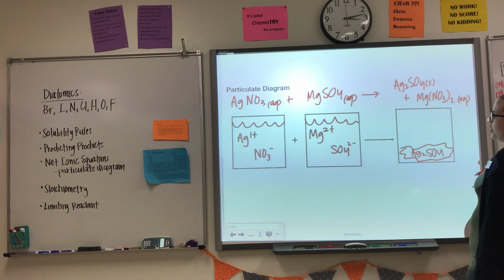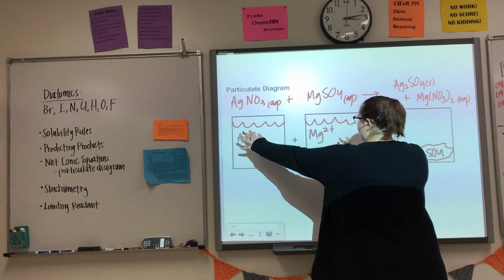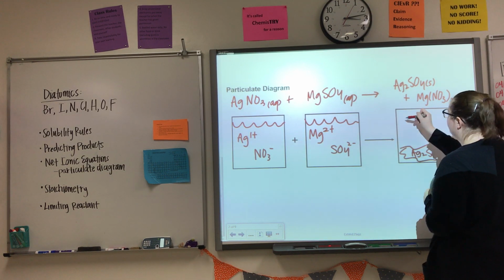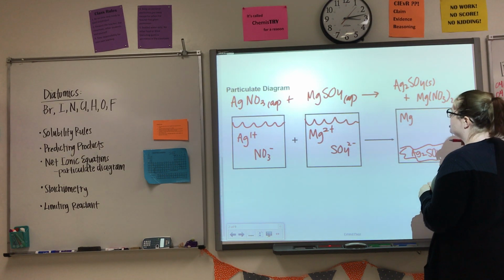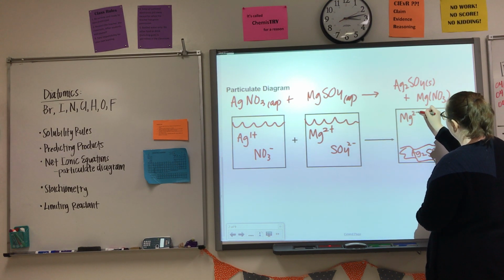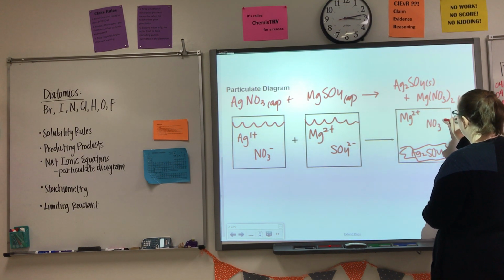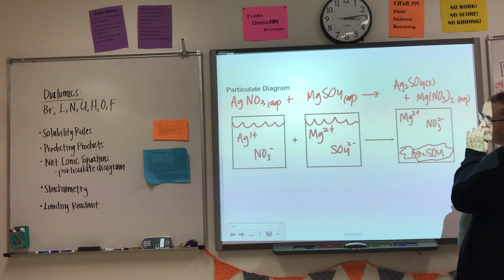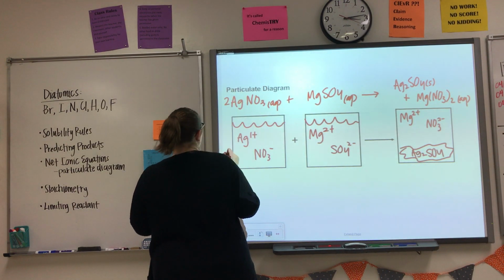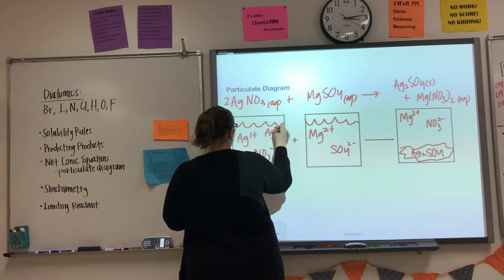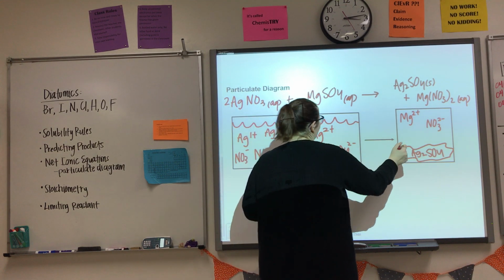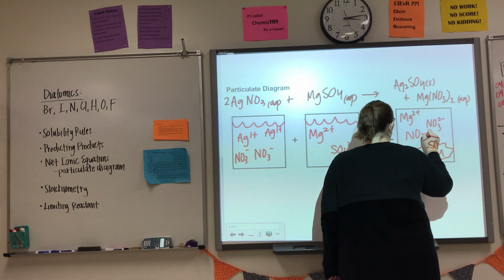So the things that were involved in making it are going to stay over here. What I have left over is an Mg2 plus and an NO3 minus. Oh, I left one thing off. This is why it looks funny. When I balanced it earlier, I started out with 2 of these, so I'm going to draw 2 of these to begin with. Because then I have my Ag2 and I actually have 2 NO3.